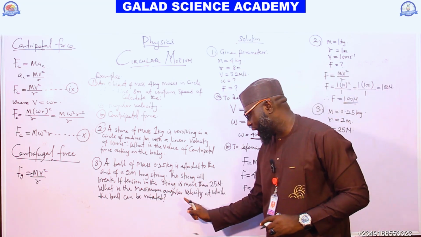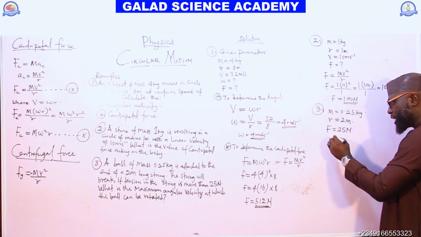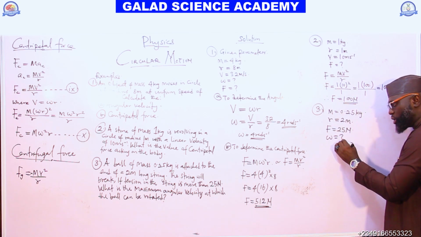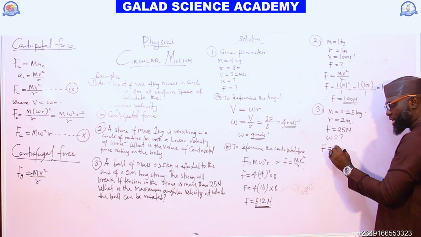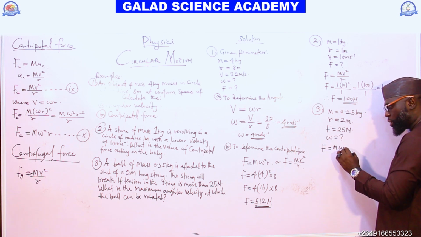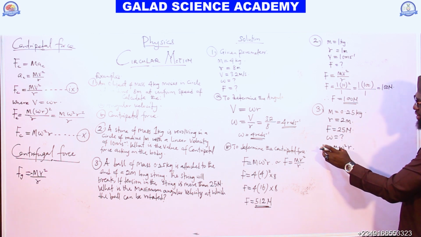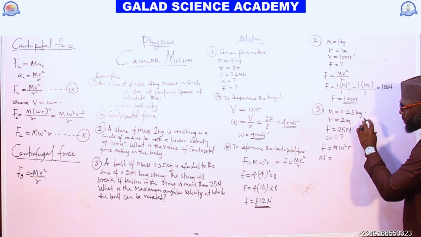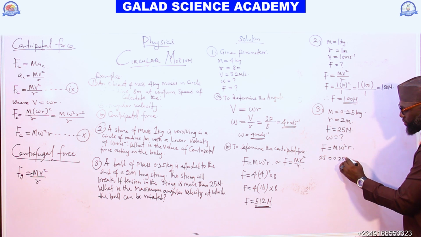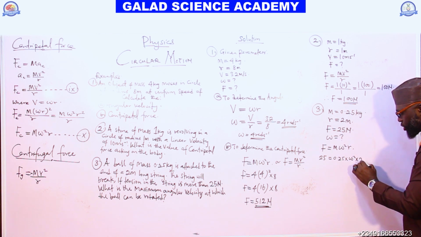What is the maximum angular velocity at which the ball can be rotated? So omega is unknown here. The formula that relates centripetal force and omega is F equals m omega squared r. The force is 25 Newton, the mass is 0.25, multiplied by omega squared, multiplied by the radius, 2.